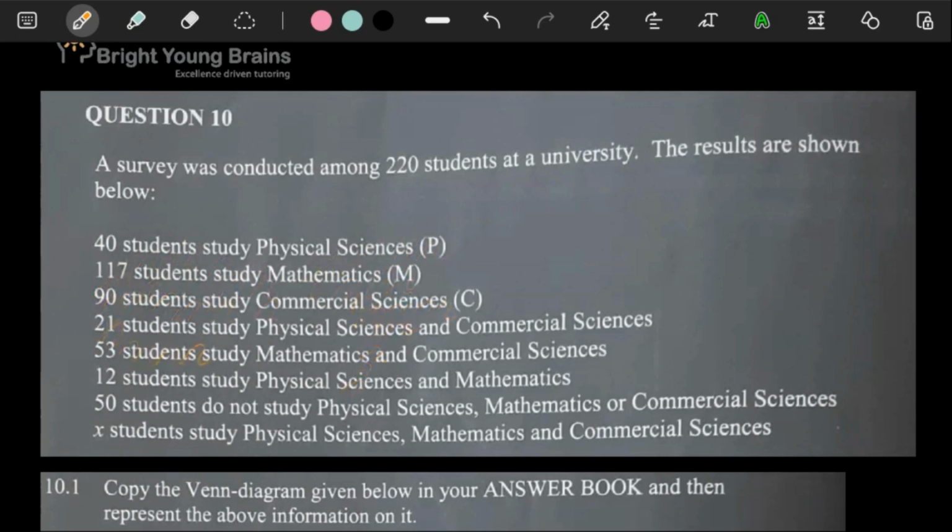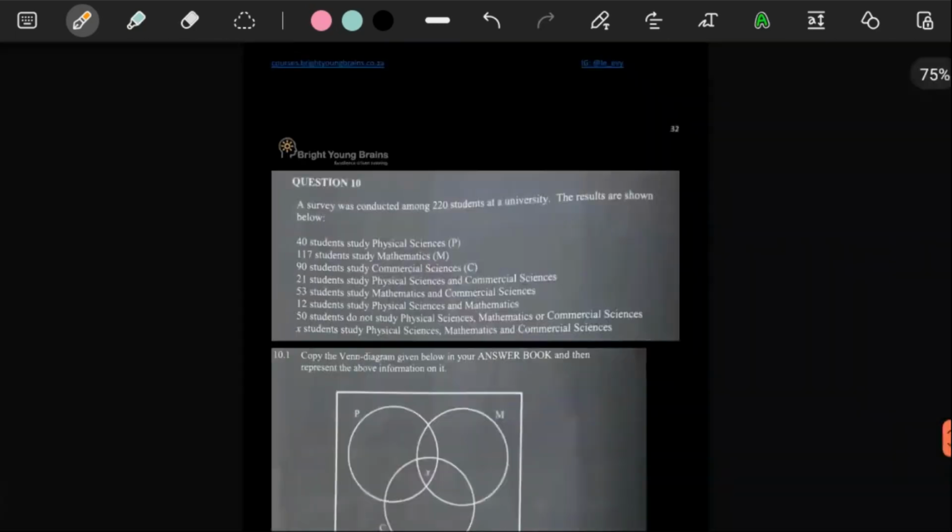Then it says 21 students study physics and commercial science, and 53 students study math and commercial science. 12 study physics and math. 50 do not study physics, math, or commercial science, meaning they don't do any. X students study physics, math, and commercial science.